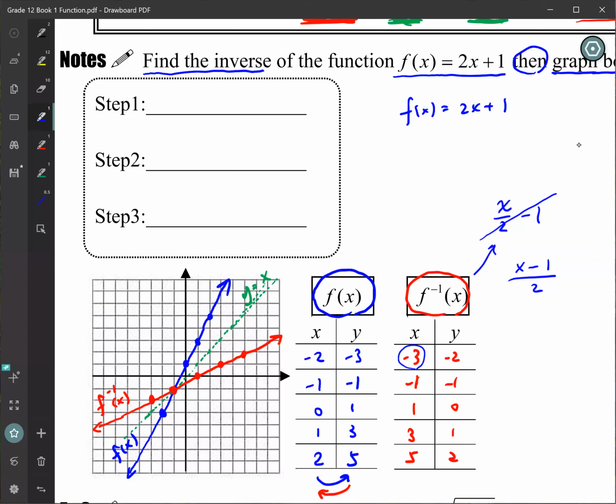Let's try another one. Let's say we use the last pair. We'll put 5 in. Cindy, can you help us? 5, plug it in. Okay, I want to try 5, and then we'll put 5 into the x up here.